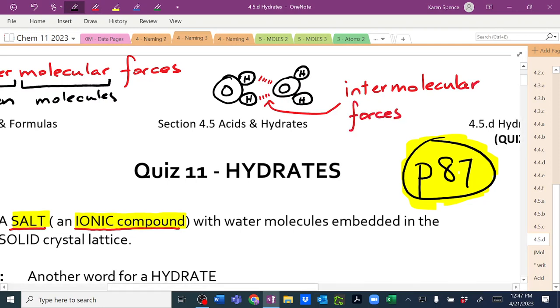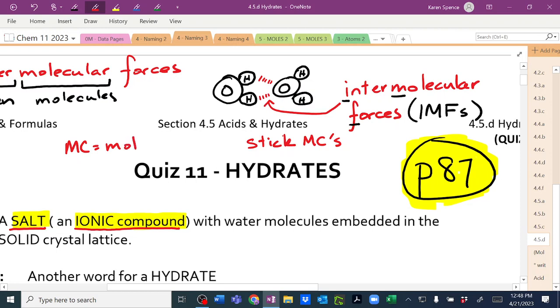And we're going to call those IMFs, because intermolecular forces is really, really long. And they stick molecules, remember, M for molecule, together.